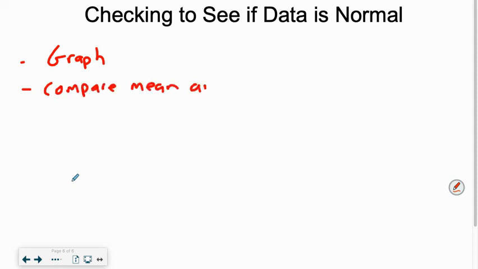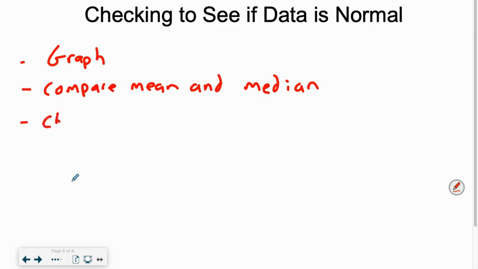If you want to see if data is normal, there are a couple things to do. You can graph it. So make a histogram, a dot plot, something like that. You can compare the mean and the median. The mean and median are similar, should be somewhat symmetric.